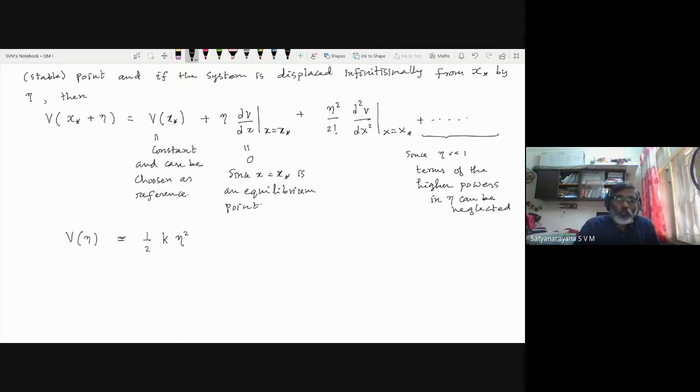So this term is what I'm writing here as half k eta square.